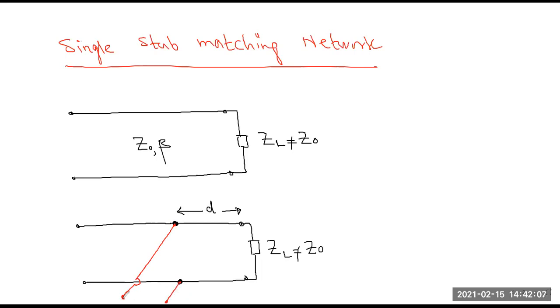And this end of the stub, we know it can be open circuited or it can also be short circuited. And this is going to be the length of our stub. So the first possibility that I have drawn, this type of circuit, is known as shunt stub matching.